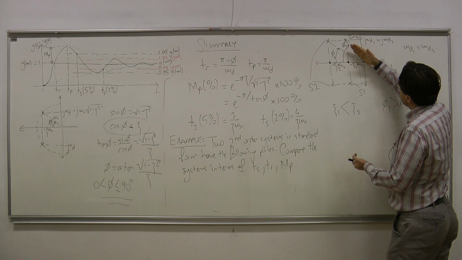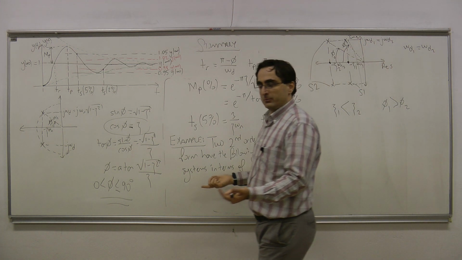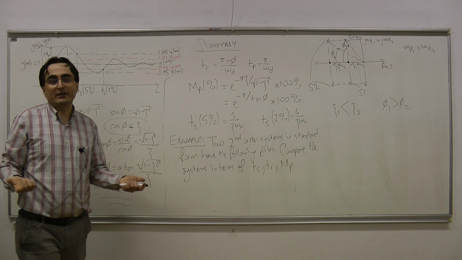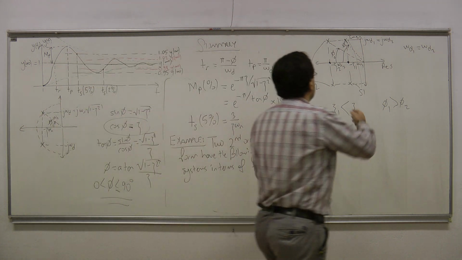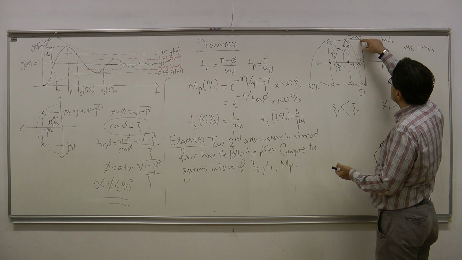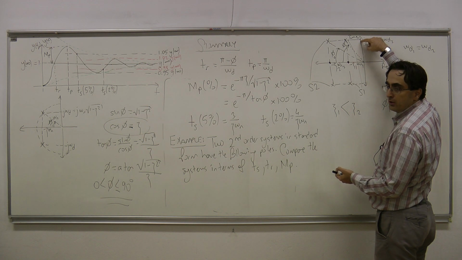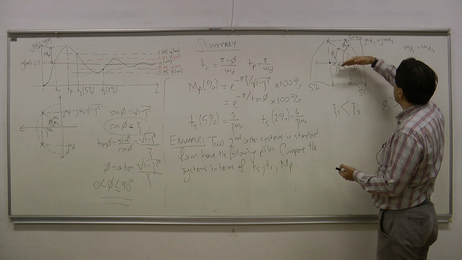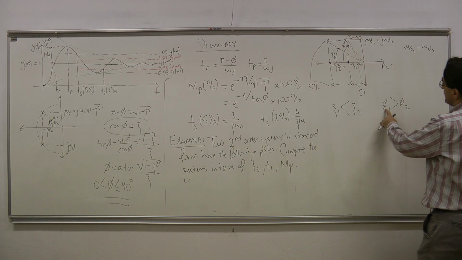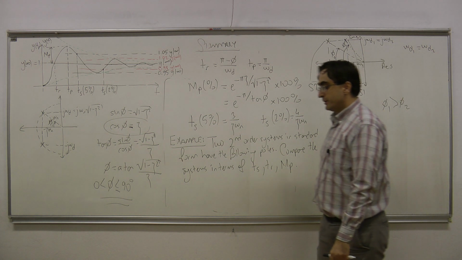And when the angle is 0 degrees, then I should have a critically damped system, which means that the damping ratio is equal to 1. Okay? So as the angle goes from 0 to 90 degrees, the damping ratio is reduced from 1 to 0. Okay? So the damping ratio decreases as the angle increases here. Since the first angle is larger, the damping ratio of the first system is smaller.